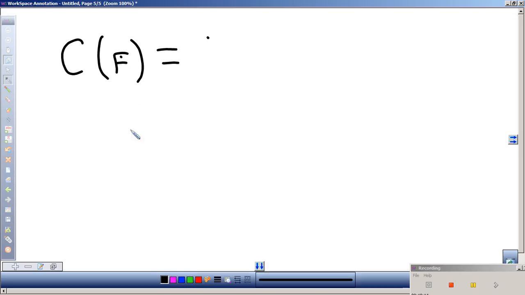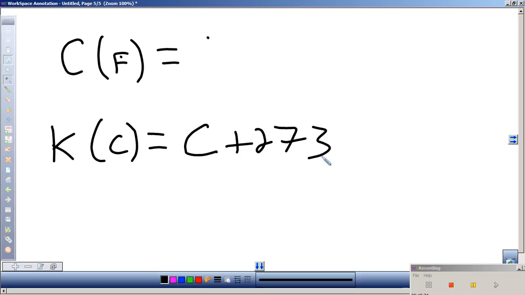Let's do C of F. And what about K of C? So this one we can say C plus 273, right? Or is it 273.15 or something like that?